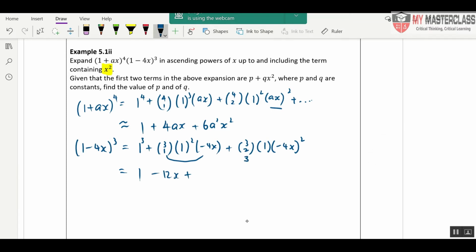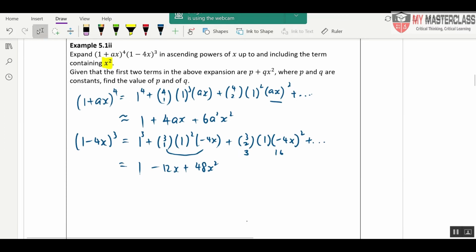So this guy is 3, then this guy is 16, negative 16, 3 times negative 16 equals negative 48. Sorry, this is positive 16, plus 48x squared, plus dot dot dot. Now, they do not want these two, they want the multiplication of these two.